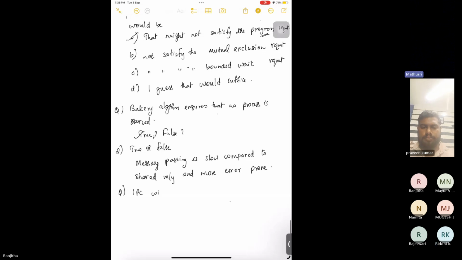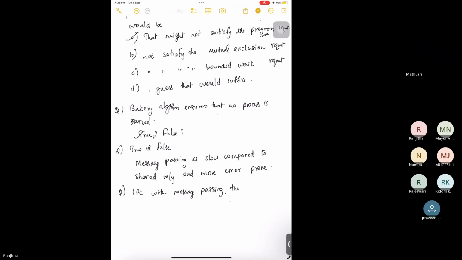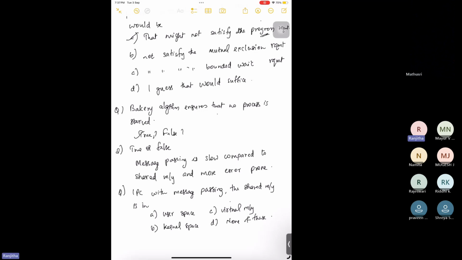Ma'am, true. Okay, so true or false: message passing is slow compared to shared memory and more error prone. Is it true or false? I'm false.